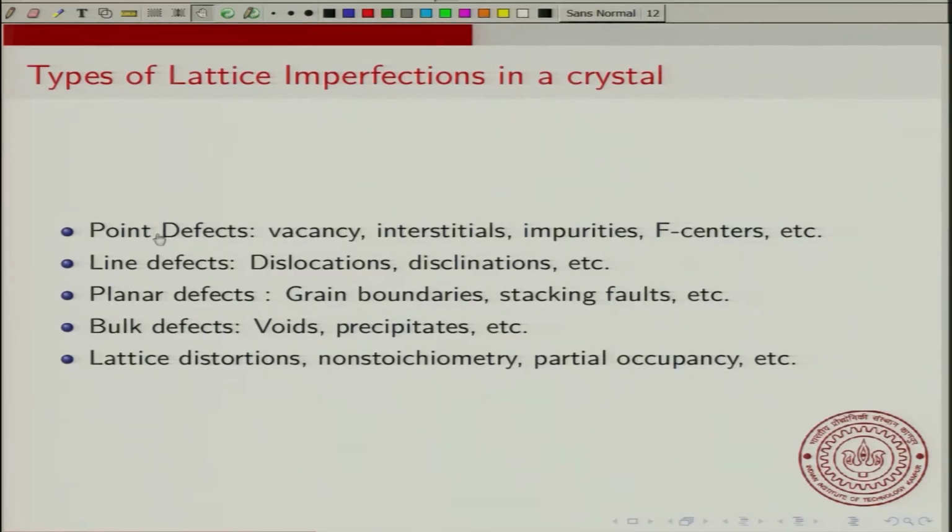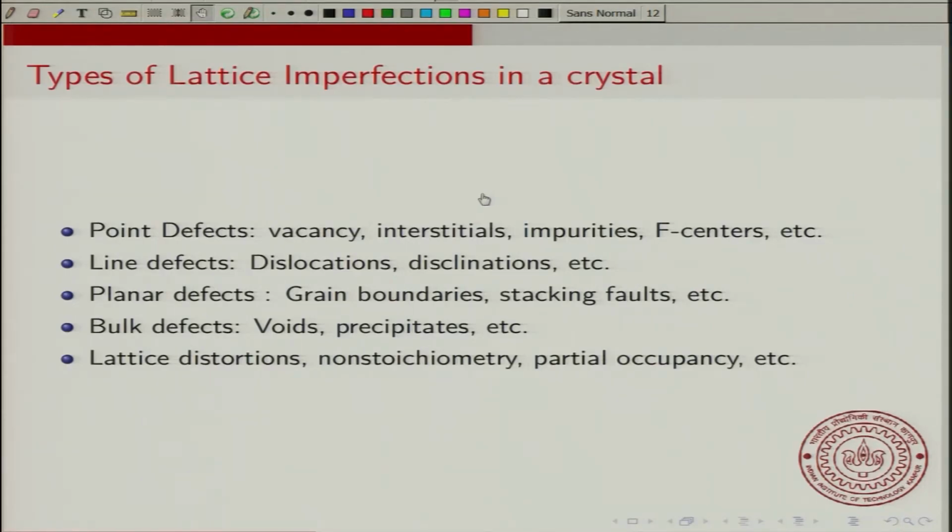So, point defects. An example is a vacancy, where one atom is just missing. You have a perfect crystal, but one atom is missing. That would be a vacancy, and that would lead to a point defect. You could have an interstitial, where an atom is found at a site that is not the standard site in a perfect crystal.